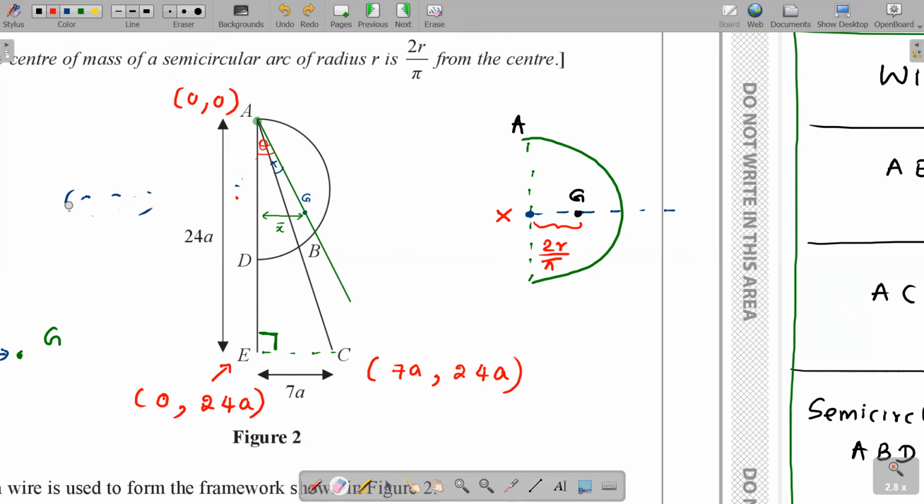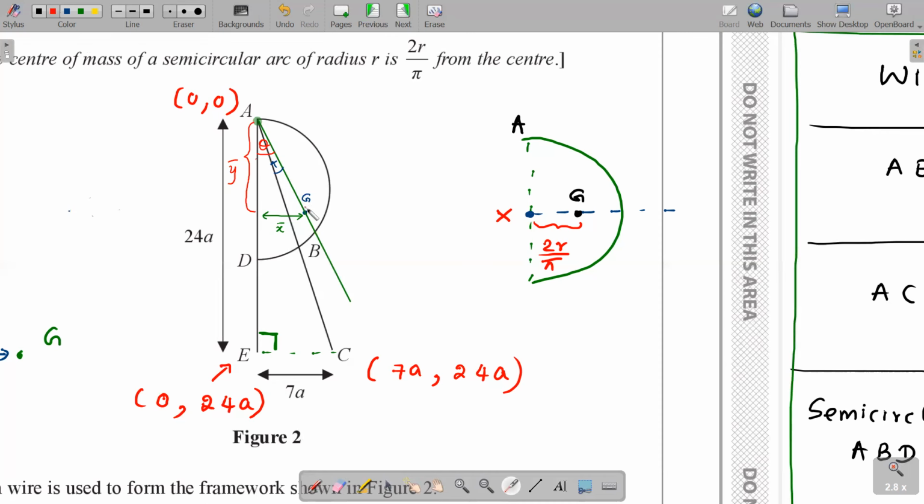Let me erase all of this. So the Y bar distance gives me this particular distance. Using X bar and Y bar, can't I find this theta angle? I can, right? That gives me the angle between AE and the downward vertical. Do you agree with me? Shall we first find that angle?